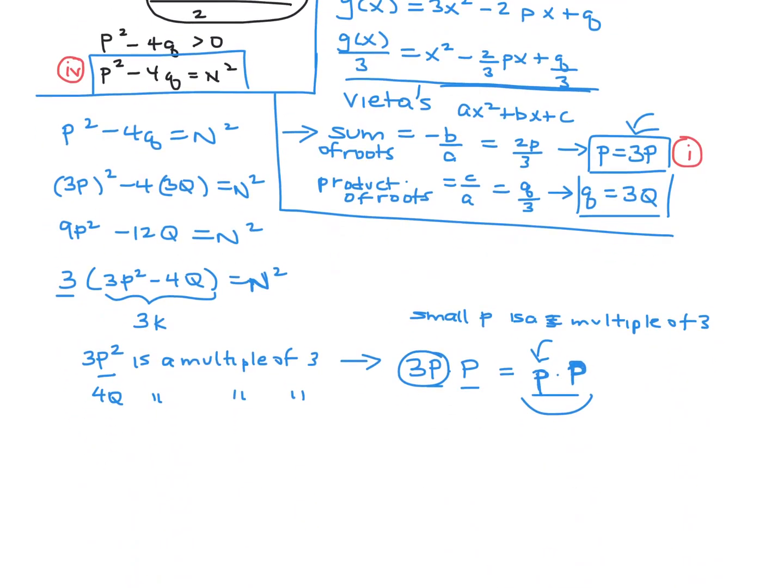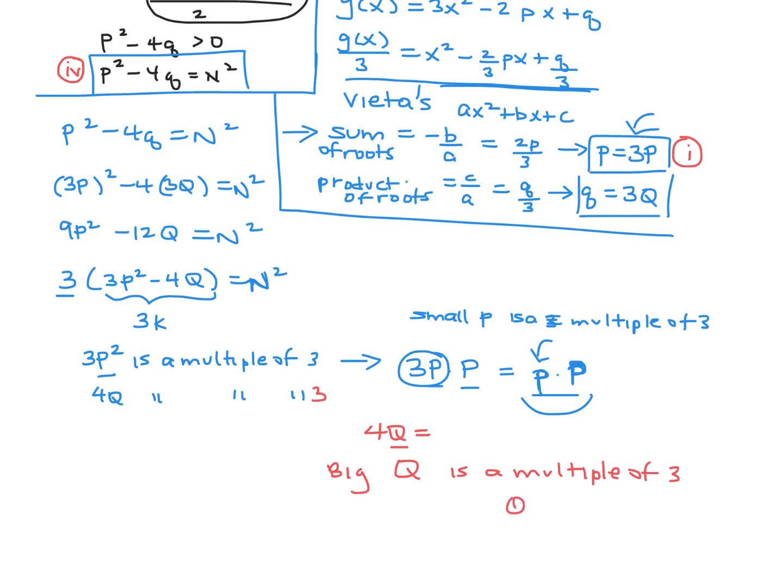So if 4Q is a multiple of 3, then that means that this big Q, I'll just write big Q, is a multiple of 3.